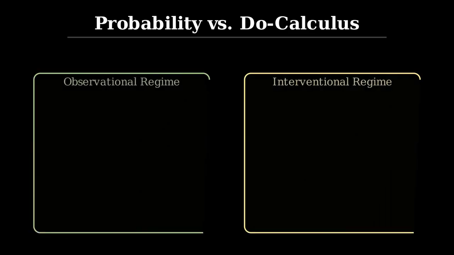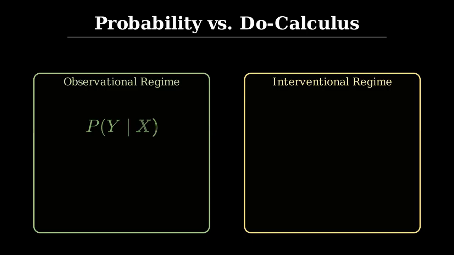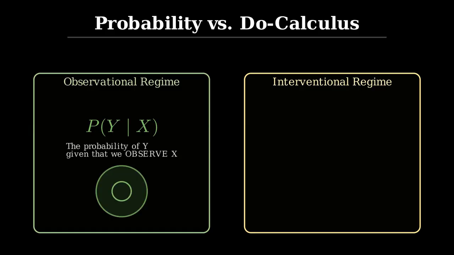datasets. To fundamentally grasp do calculus, we must look closely at the deep mathematical chasm that separates standard conditional probability from physical causal intervention. On the left, we have standard probability, written as P of y given x. This represents passive conditioning.